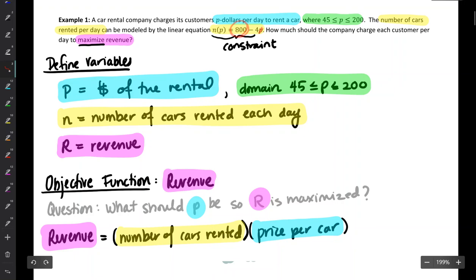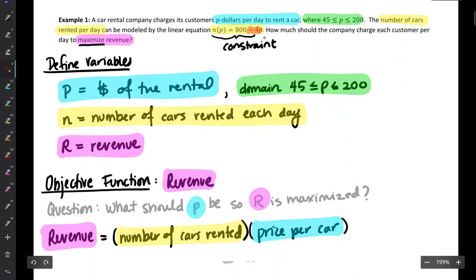I'm not charging negative dollars, right? I'm charging positive dollars. So if P was 0, if I was giving all the cars away for free, the number of cars that I could rent out for no money would be 800. In other words, this car lot probably only has 800 cars, right?